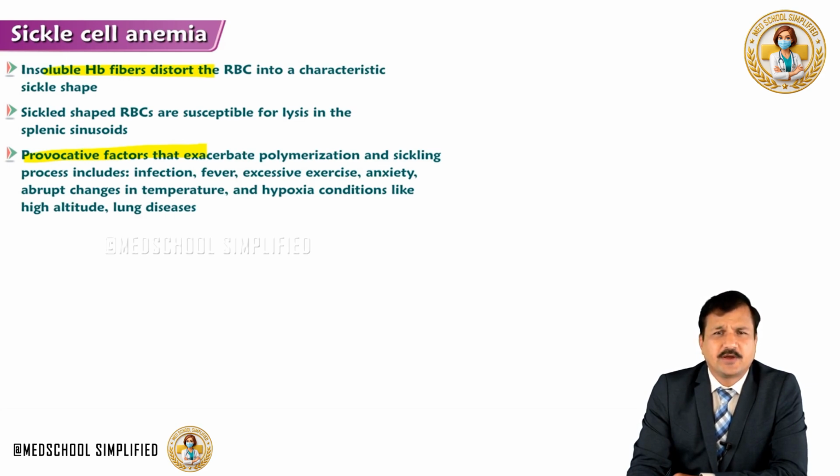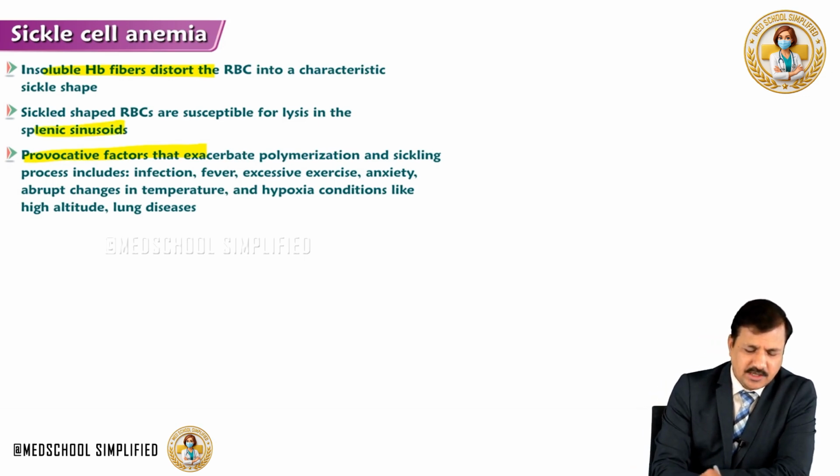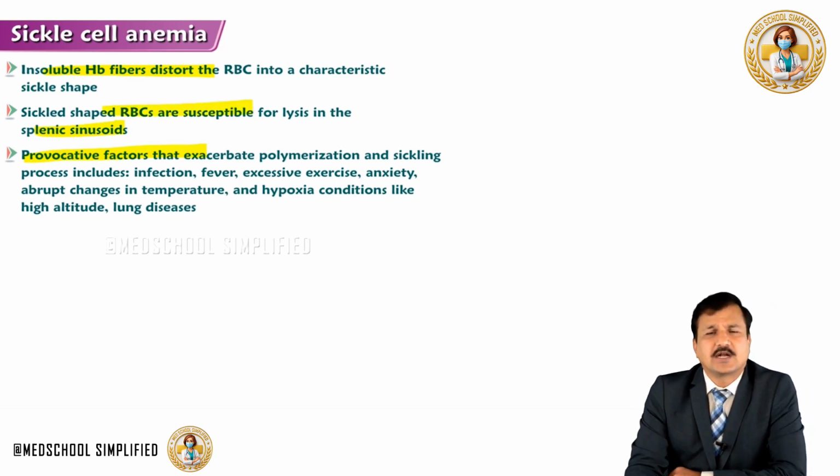The insoluble fibers lead to sickling of the red blood cell, giving it a sickled shape, an abnormally shaped red blood cell, and it can be taken out of the circulation by the spleen. The splenic sinusoids will take up sickled RBCs out of the system and destroy them.